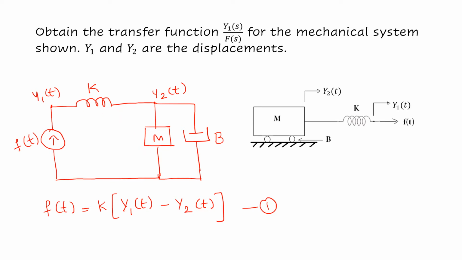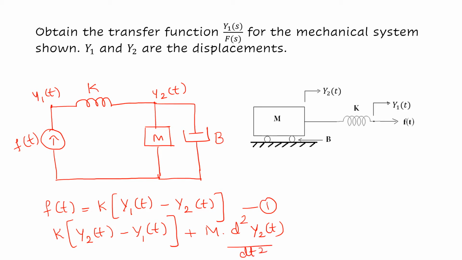So we can write this as k into y2 of t minus y1 of t, plus m into d square y2 of t by dt square, plus b into dy2 of t by dt, and the total force equals 0. This is equation 2. So we have two differential equations which govern this particular system.